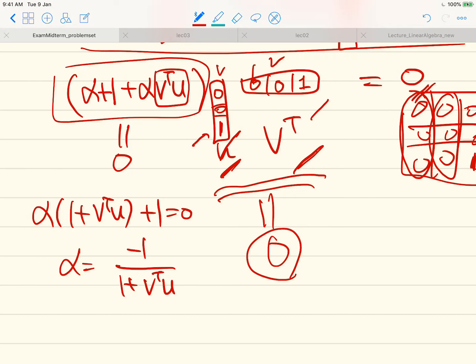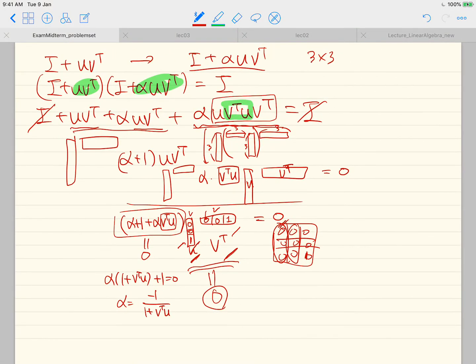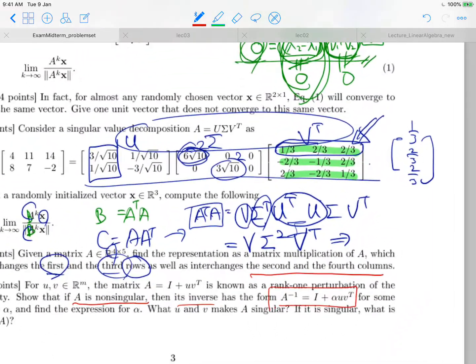If we set alpha in this form, we make this product the identity matrix, so that way this guy will be the inverse of the original one. Okay, so that is our solution.